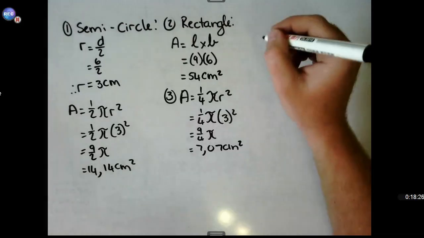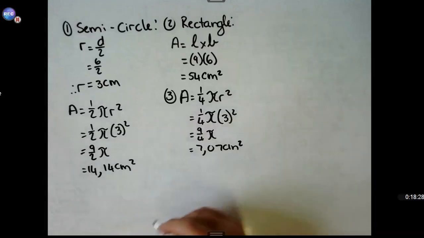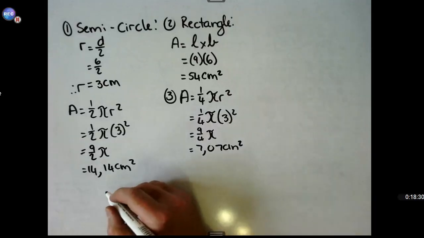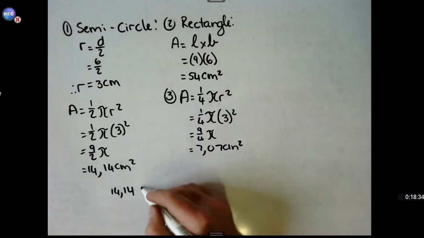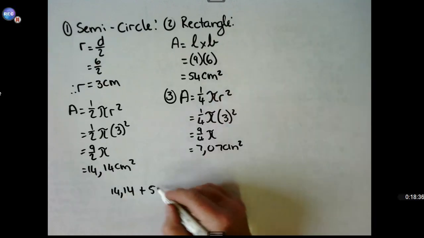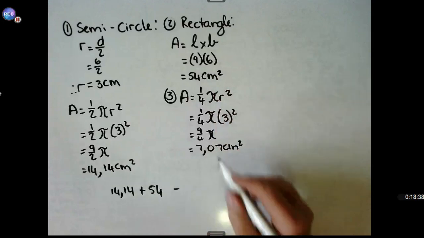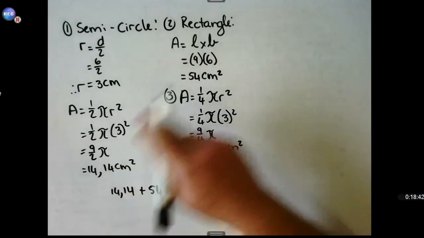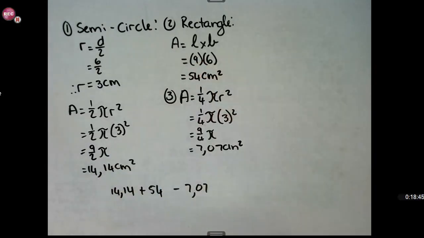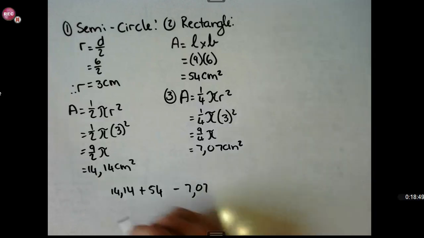So to finalize this, I'm going to write at the bottom, you then say 14,14 plus 54 minus the 7,07. So you add the semicircle and the rectangle together because they're shaded, and then you subtract the non-shaded part from the answer.